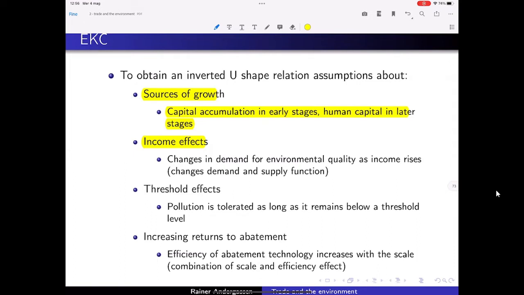In China, the environmental problem got more and more severe over recent decades, and that's why they changed their policy towards the environment because of health problems. The air is still very polluted, and they changed their policy because of health costs.